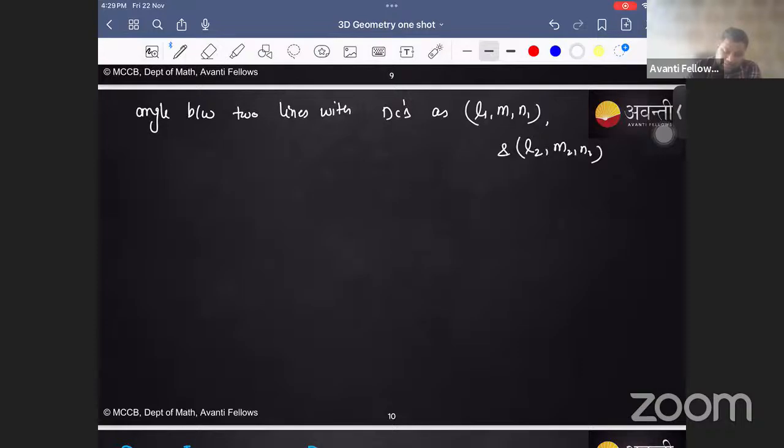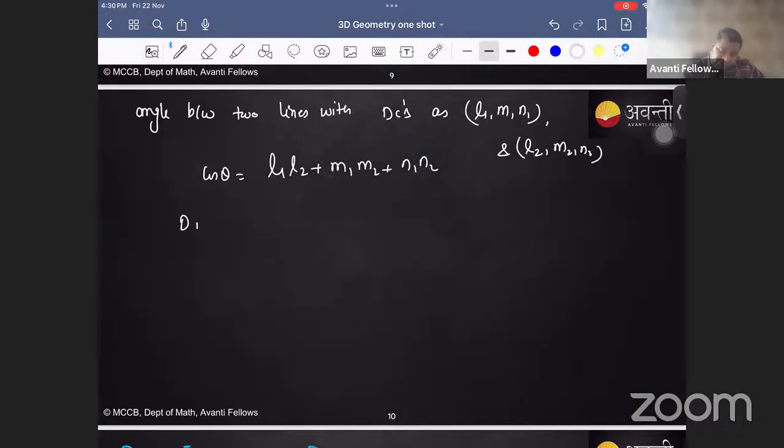So the angle between them, cos theta will be L1 L2 plus M1 M2 plus N1 N2. Now in the denominator, you will have L1 square plus M1 square plus N1 square, which is 1, as well as L2 square plus M2 square plus N2 square, which is also 1. Sorry, I think I made a mistake earlier.